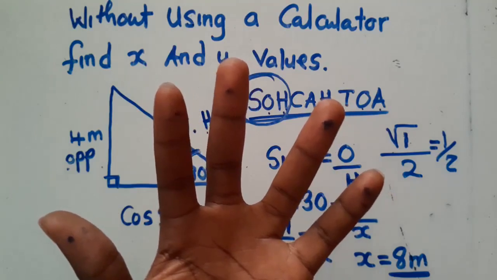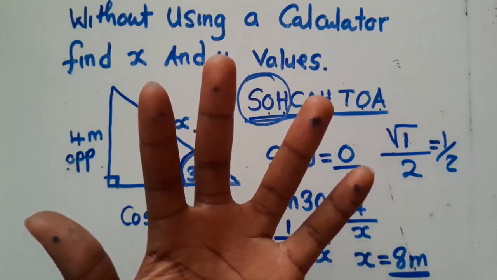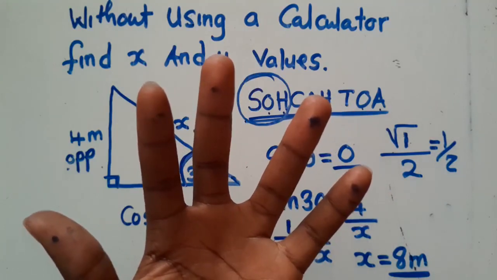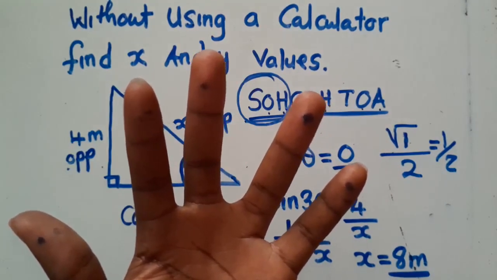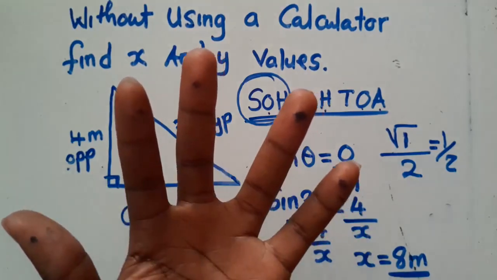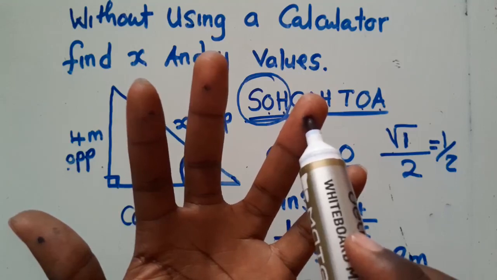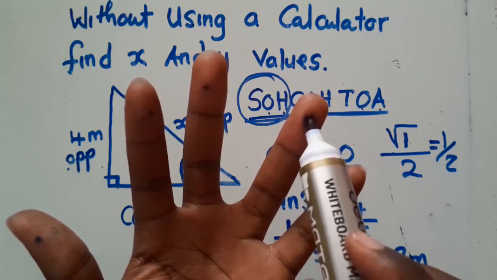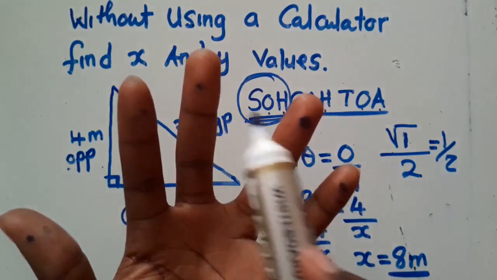So no need of struggling. I know this topic gives a lot of people a headache on knowing special angles, but this is a simple way to find them using your fingers. 30 is here. For cos, you go this side. How many fingers are left? You stand on 30.